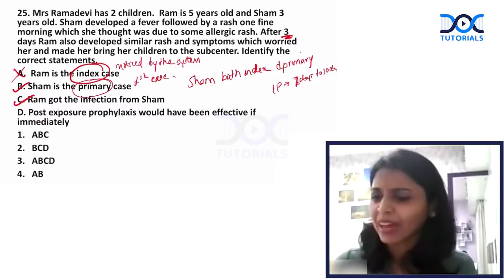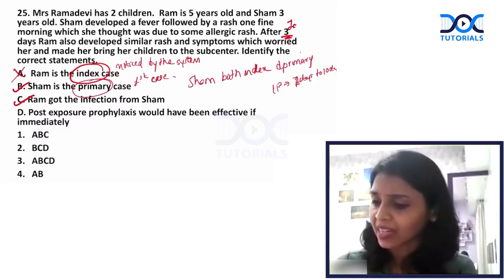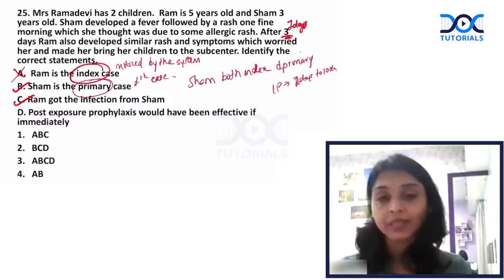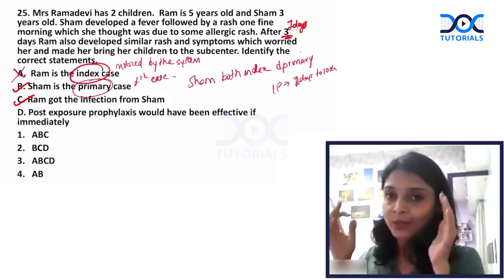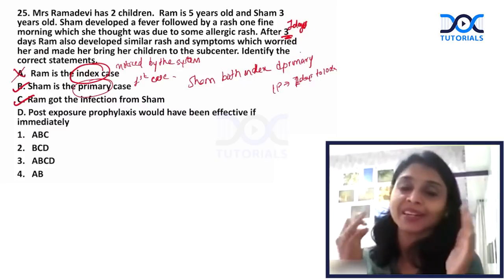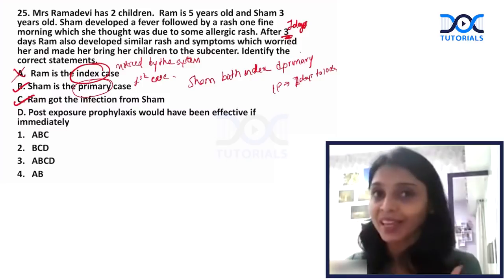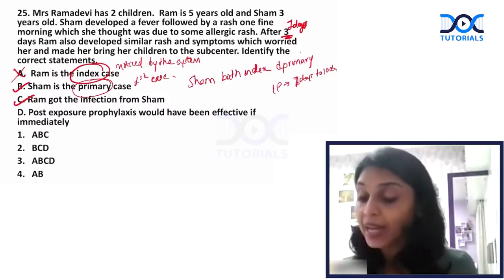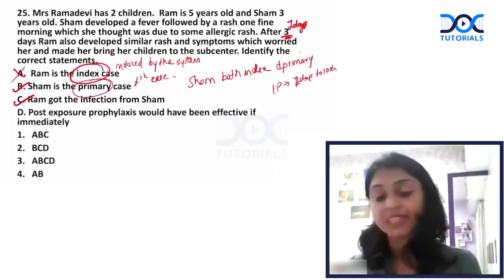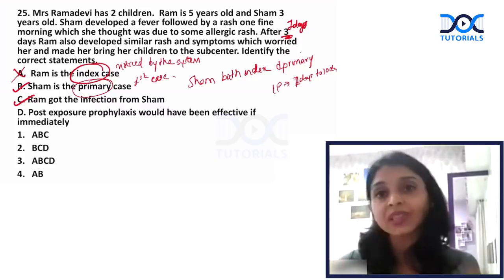So I think it wouldn't have been 3 days. It would have been some 7 days in the question. I'm not sure. Anyway, the question that I got from the student was 3 days. I was trying to make you think in terms of incubation period as well. So we should always consider the incubation period. So here, Ram must have got infection from Sham because it is some disease with rash.